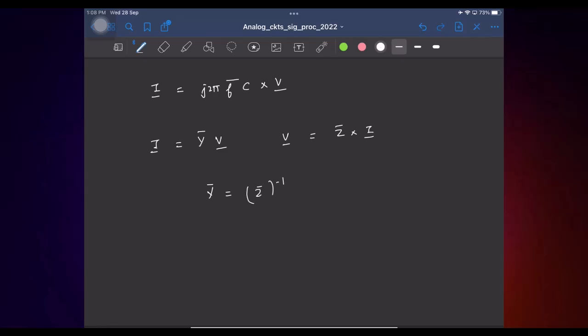Usually these matrices are called the impedance or admittance conversion matrix.